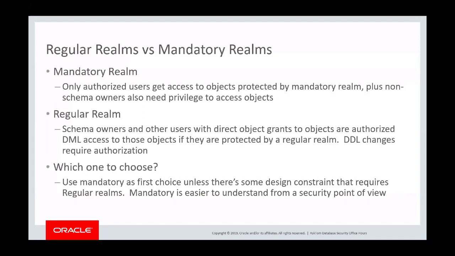And those people would also have access since HR granted them access, they should have access. And what you're doing is protecting the objects protected by the regular realm from system privileges, people with the select any table privilege.